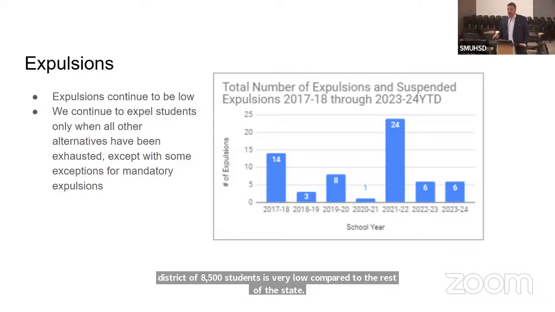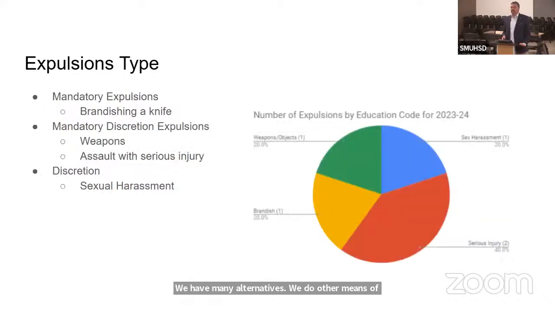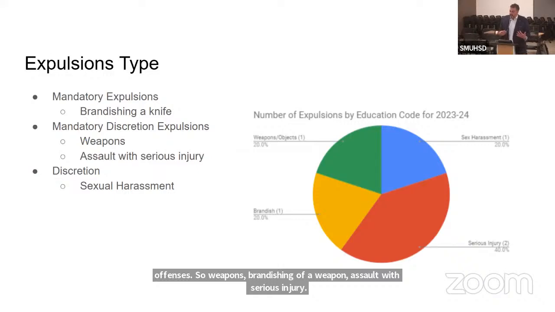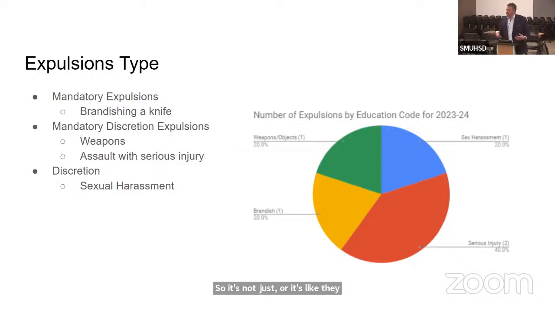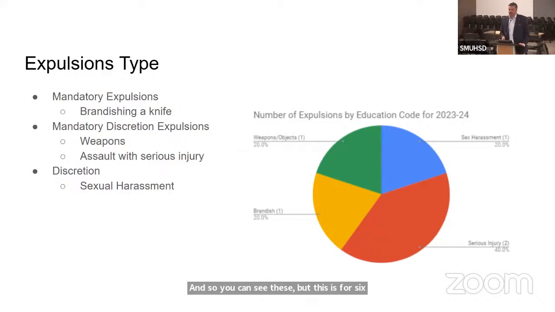We do other means of correction, and when we expel a student, it's generally for serious offenses: weapons, brandishing of a weapon, assault with serious injury, meaning they actually went to the hospital or had a concussion or something along those lines. And one other expulsion last year was for sexual harassment. This is for six offenses, and those were all brought to you for approval last year.